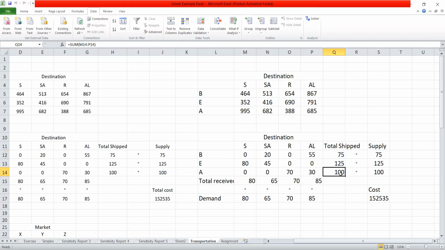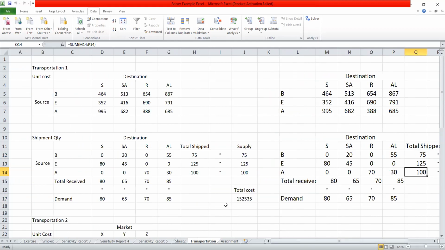Last one, factory A has 100 supply units. You distribute 70 units to market R and 30 units to market AL. Now you can see it is exactly equal to this. This is the way you calculate the transportation model optimization solution.